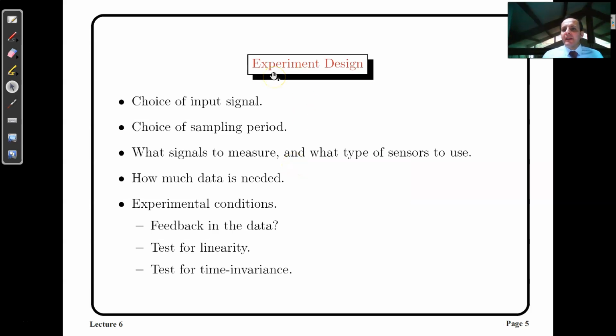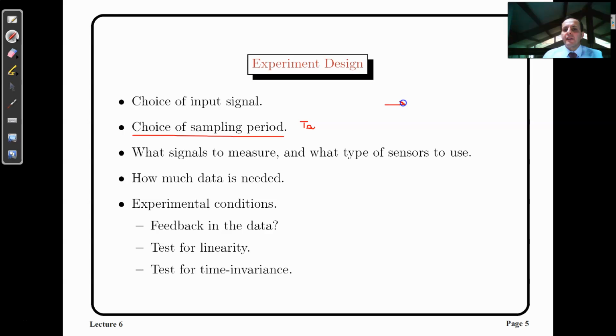In particular, we talked about the choice of the input signal in the experiment design. Another important point is the choice of the sampling period. As we mentioned, a very simple way to select the sampling period is to take the settling time, which is a very simple index that you can acquire.